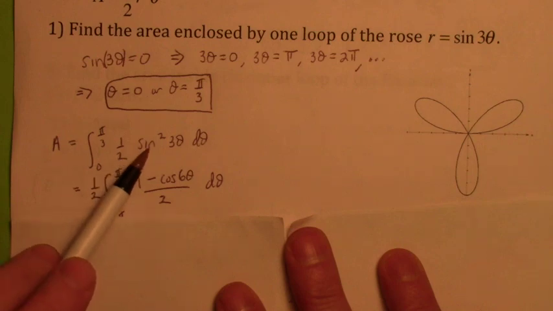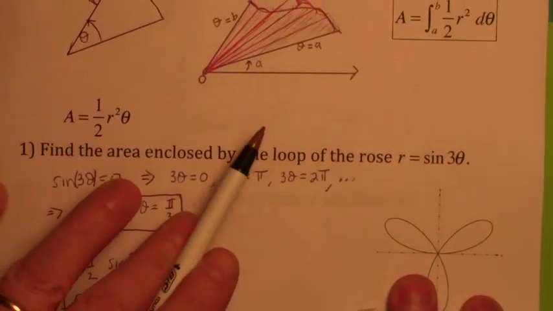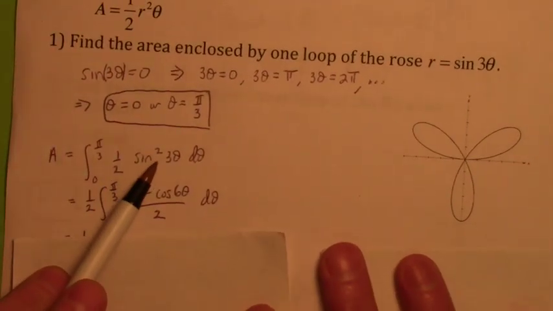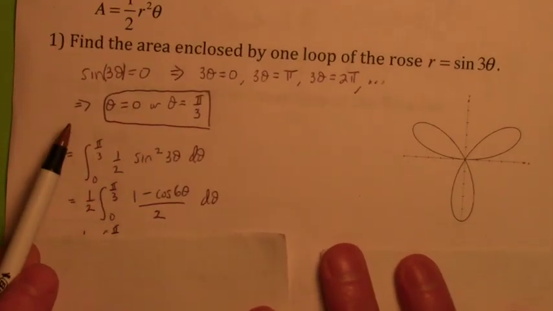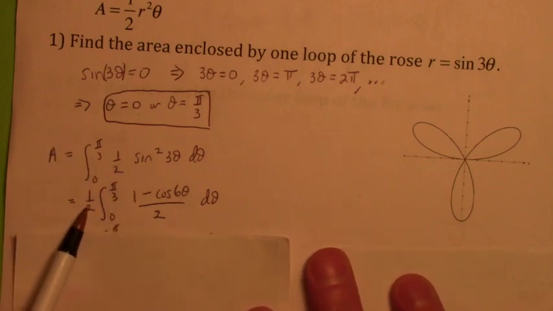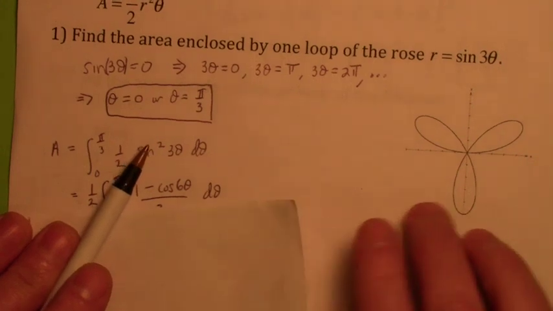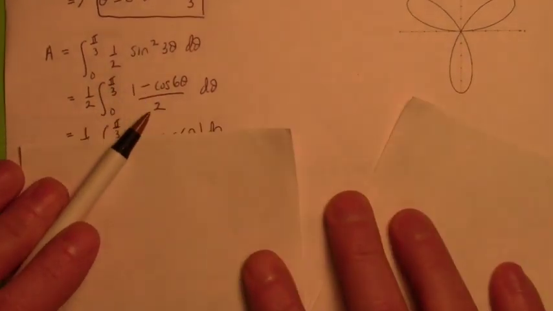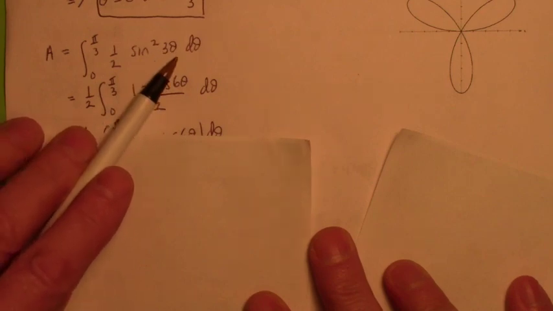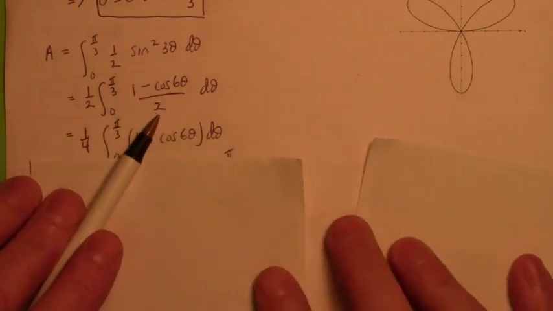1/2 r squared becomes, of course, sine squared of 3 theta. And you know when you integrate sine squared, you're going to use the reduction formula, or it's actually the half angle formula. Anyway, so the 1/2 factors out, and sine squared of 3 theta becomes 1 minus the cosine of twice this angle. If this is 3 theta, this becomes 6 theta, over 2.